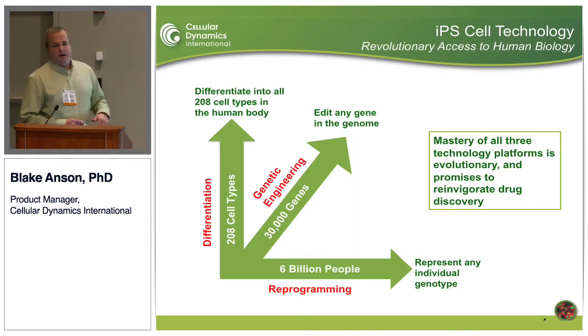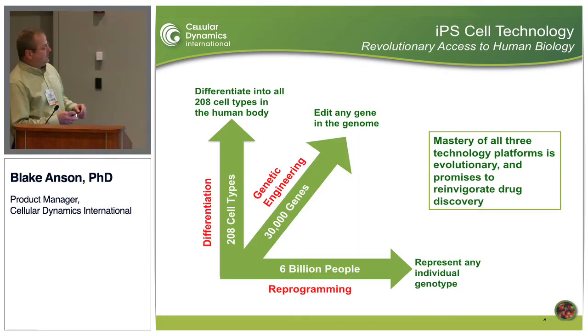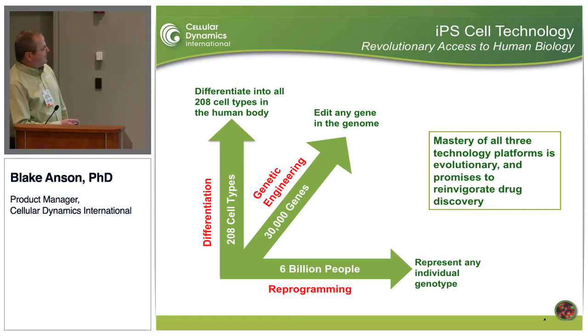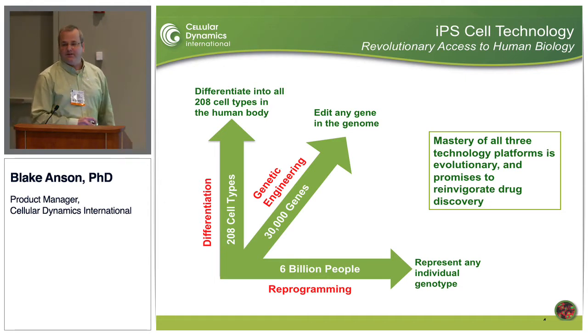So what is the power of IPSC technology? It's illustrated here on this crude graph. First of all, from stem cell technology, if you've got the right techniques, the right cooking, you can differentiate into any of the cell types of the body. The iPSC technology means that you can reprogram or get donor samples from just about anybody that you have access to.